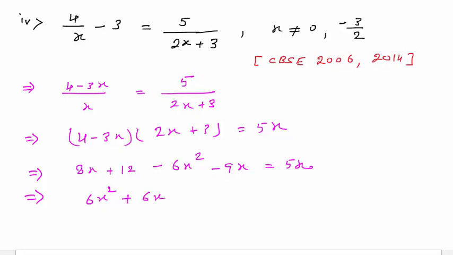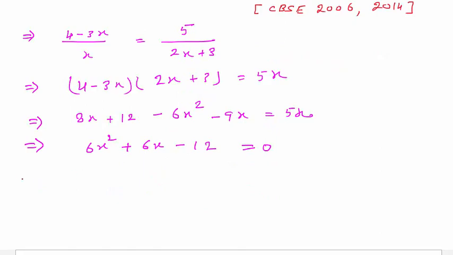So I have plus 6x, and this plus 12, when it moves to that side, I have minus 12 equal to 0. Now 6 I can take common. So I take 6 common and I have x square plus x minus 2 equal to 0. This 6 will go to the right hand side, so 0 divided by 6 is 0. So I have x square plus x minus 2 equal to 0.